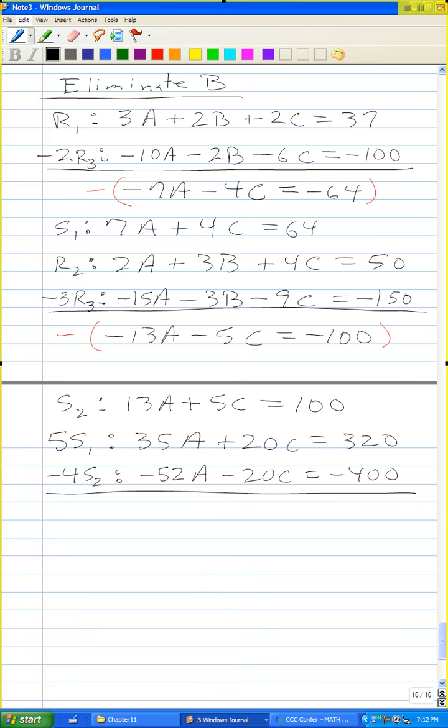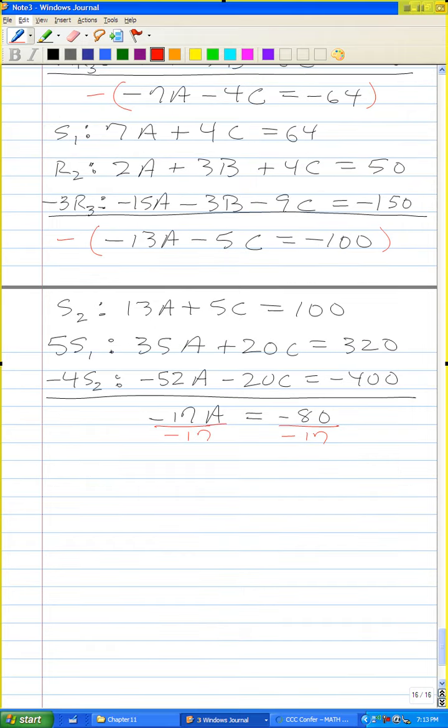Okay. So let me combine these. So I have negative 17A, the C's cancel, equals negative 80. Oh, that's not going to come out evenly. So that's just going to be A is 80 over 17.